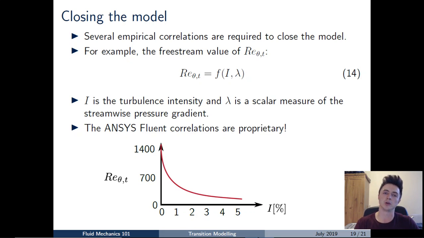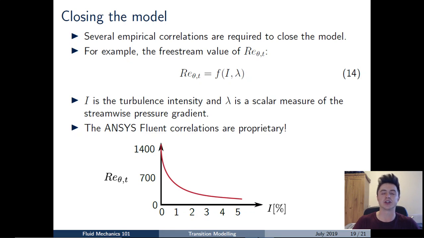And one such example is the free stream value of Re-theta t, which you apply at the inlet to your domain, for example. And this free stream value is going to be a function in general of the turbulence intensity and the pressure gradient. So with aerofoils and flows with a pressure gradient in the streamwise direction, that's always also going to affect the momentum thickness Reynolds number at which transition occurs.